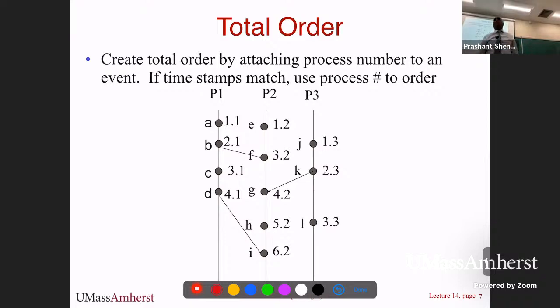We just assigned a tie-breaking rule. This is not going to tell us what actually happened, but it says how we order events that cannot be ordered. So if you compare 6.2 and 3.3, we'll say 6.2 is greater than 3.3, a numerical comparison, even though that's not necessarily what happened, and we can't say which event occurred first.